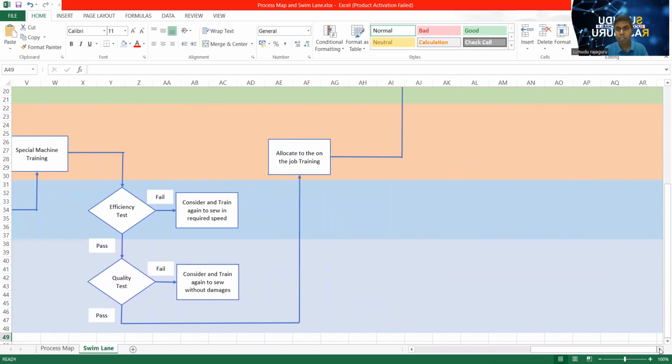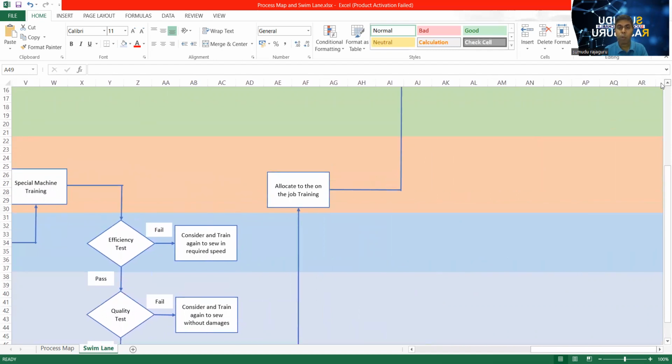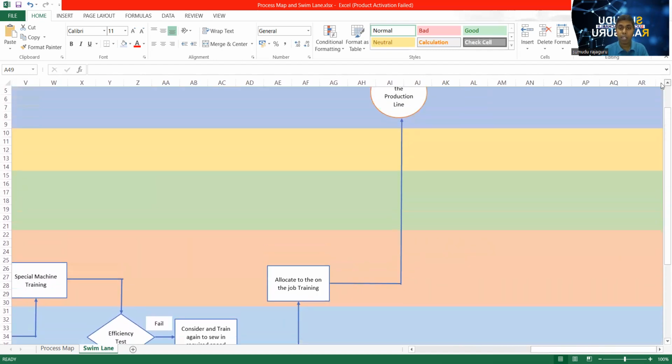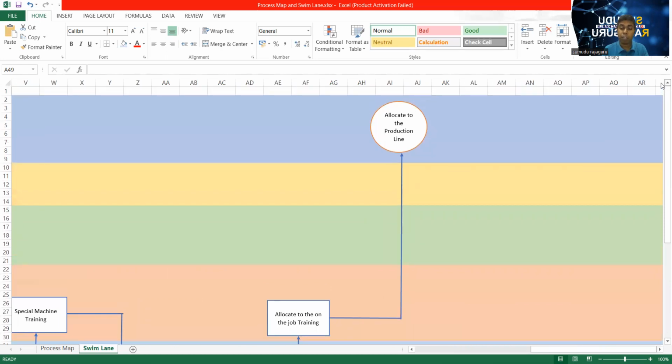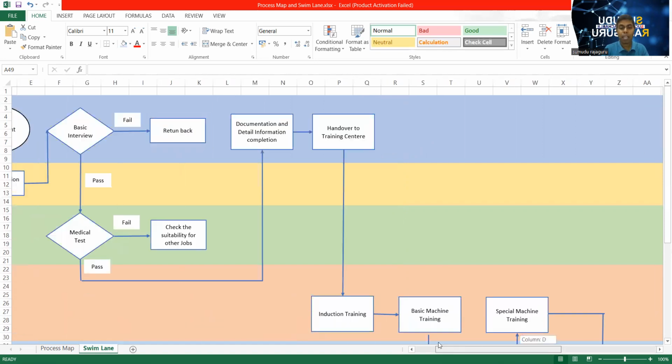After completion of the on-the-job training, we have to hand over to the production line by entering that candidate's name in the production line register and everything. That is the responsibility of the HR department. That is the last process step. Because of that, we use the circle. So this is the swim lane diagram.